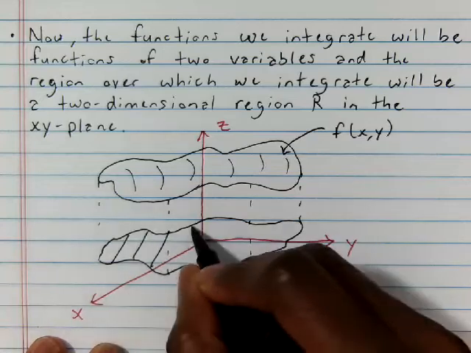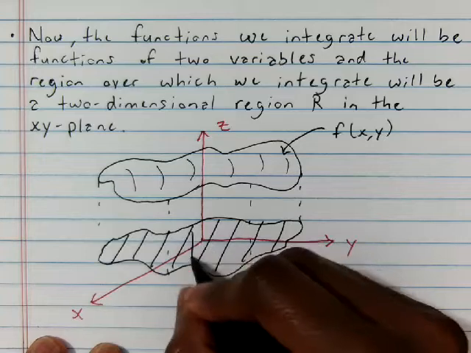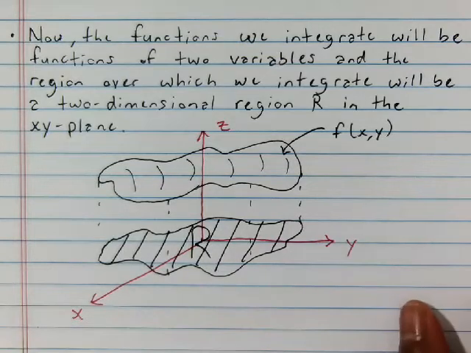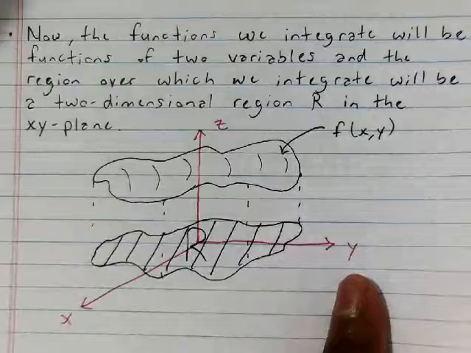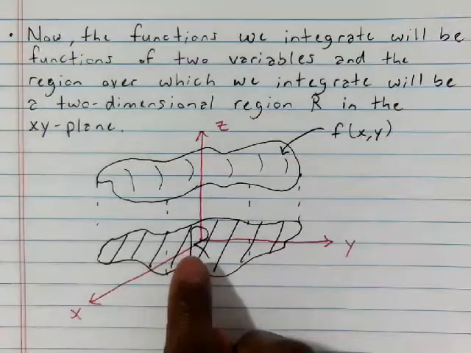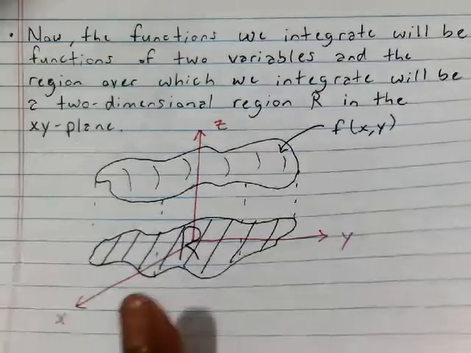So this region R down here, that's the region R, which would be in the xy plane. So this region kind of relates to the closed interval from a to b. The function f of x, y relates to the function f that we were using in calculus 1.